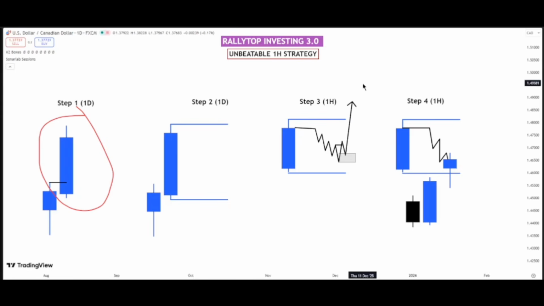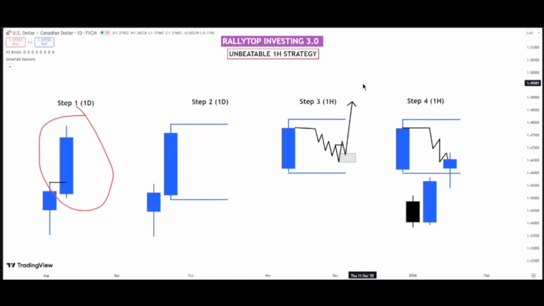Now, for example, irrespective of the strategy you are using, if you see a break of structure on the 1H, it carries weight. Many of us do not know the significance of a break of structure. Whenever you find a break of structure, it is simply telling you where the market makers are intending to move price to.